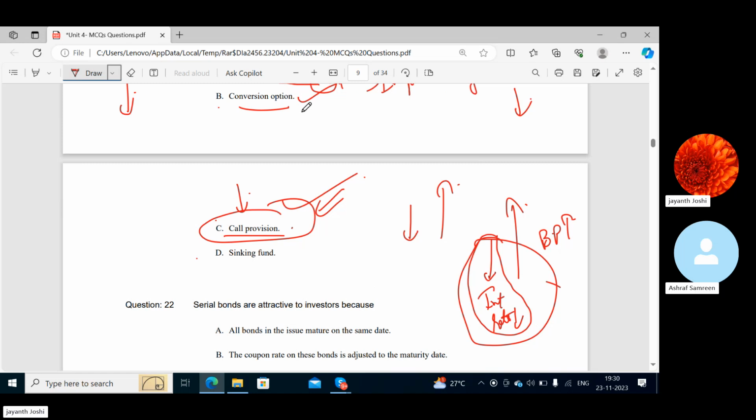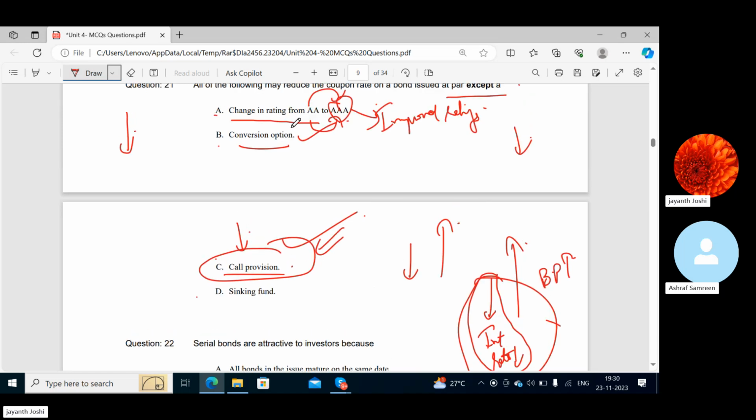The conversion option is a feature attractive to investors that may result in their acceptance of a lower coupon rate. Why? If interest rates are going down, the bond price will increase, of course. And if the stocks are giving more value to them, they will like to convert.